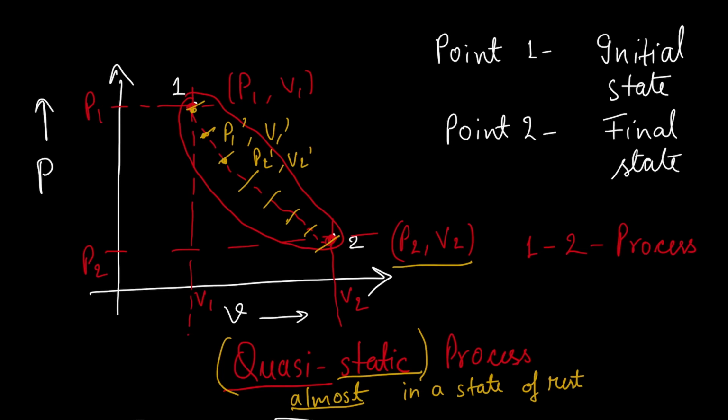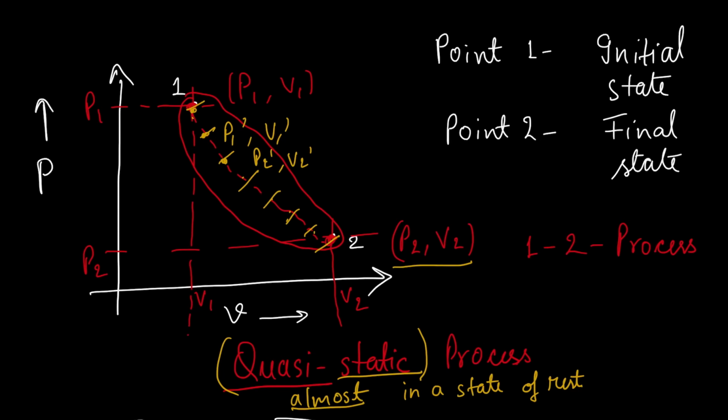If that is the case, then my process will become a quasi-static process, which is almost in a state of rest, almost in a state of equilibrium. In the picture, I'm only drawing 7 points, but in actuality, there are infinite points.